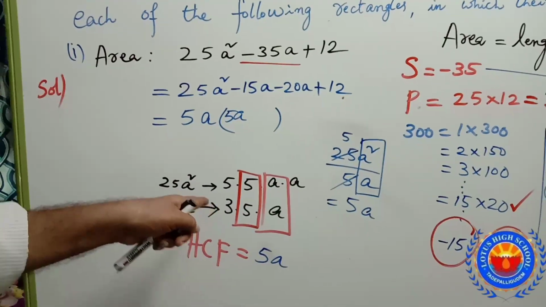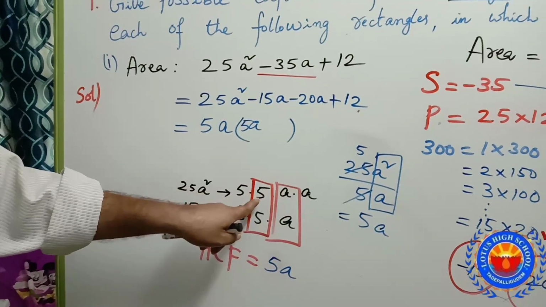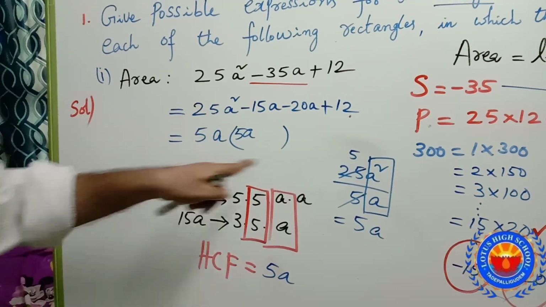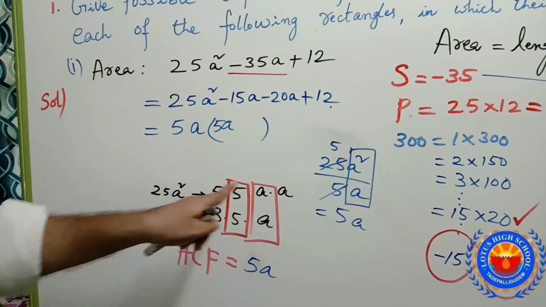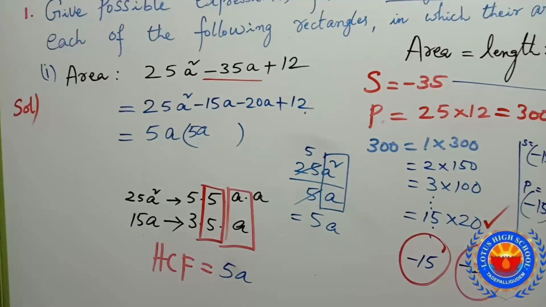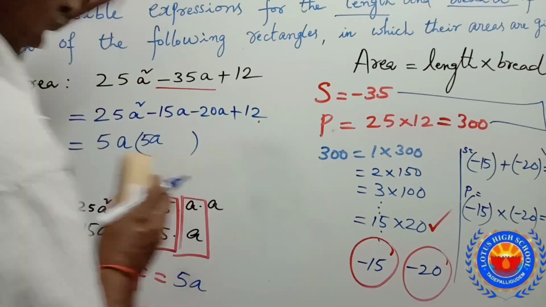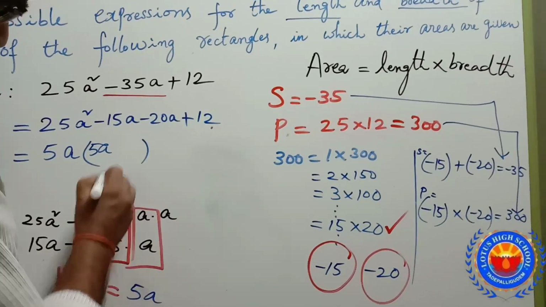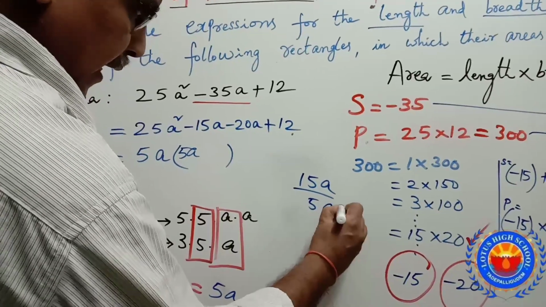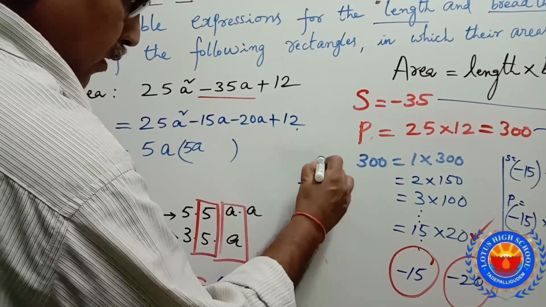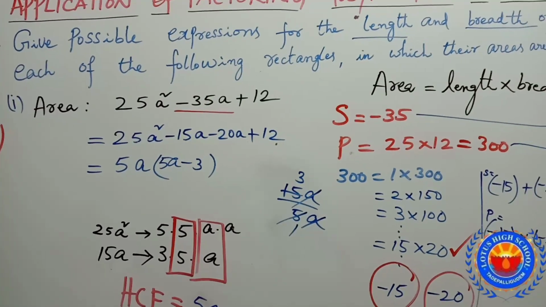Otherwise, directly also you can do: 25a square by 5a is nothing but 5a. The next one is minus 15a by HCF 5a. A and a cancel. 5 table: 5 times 3. So minus 3. That part is over.